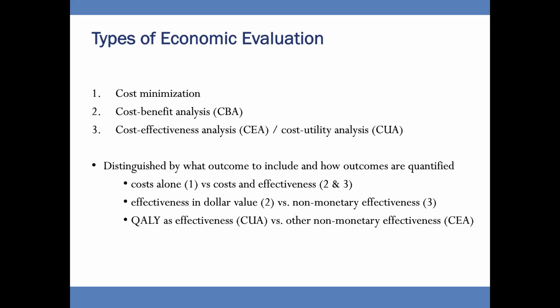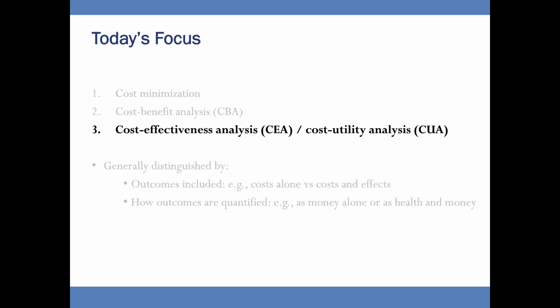So it's very unique in the sense that cost utility analysis, CUA, focuses on quality as the outcome, whereas cost effectiveness analysis can cover any type of outcome as long as it's not in monetary value. So in this webinar, I'm going to focus only on the third category, cost effectiveness analysis, and a subset of that, cost utility analysis. The reason for this is that this is the most popular cost effectiveness analysis.